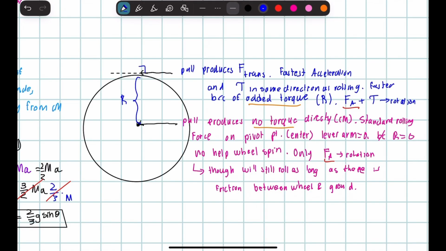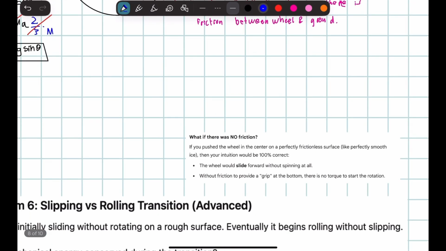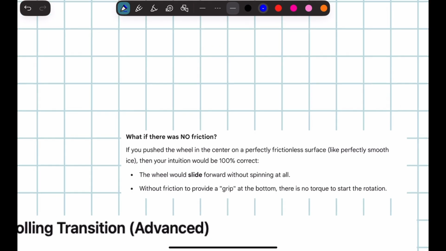So again, Fa plus torque at the top contributes to the rotation, but when you push in the center, only Fa contributes to the rotation. Now, you have to note that if there was no friction, if you push the wheel in the center on a perfectly frictionless surface, like smooth ice, then it would slide without slipping at all, because there would be no friction to provide a grip at the bottom.